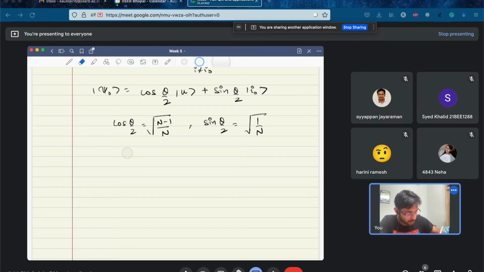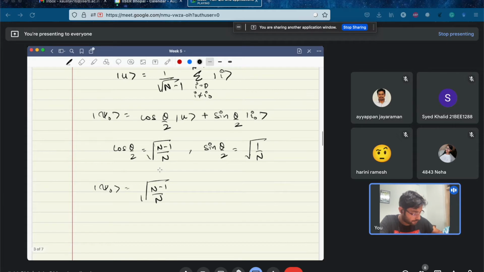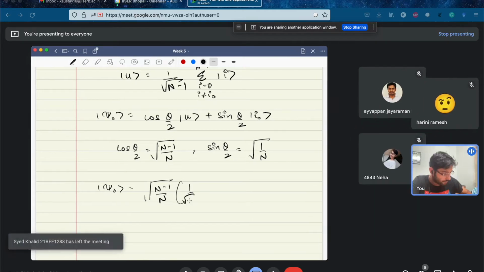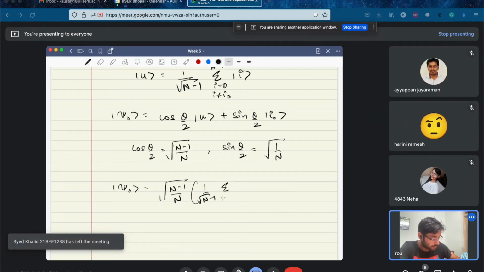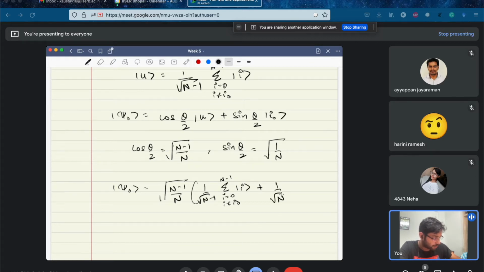I'll write psi naught by substituting: root n minus 1 over n times the u state from above, the sum over i not equal to i naught of i over root n minus 1, plus 1 by root n times the i naught state.